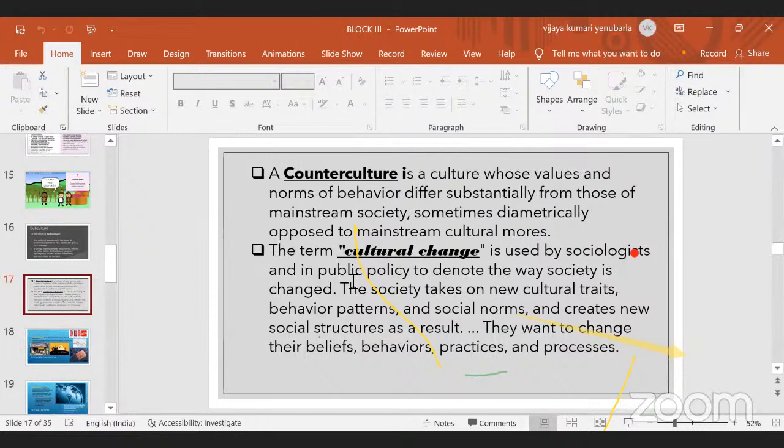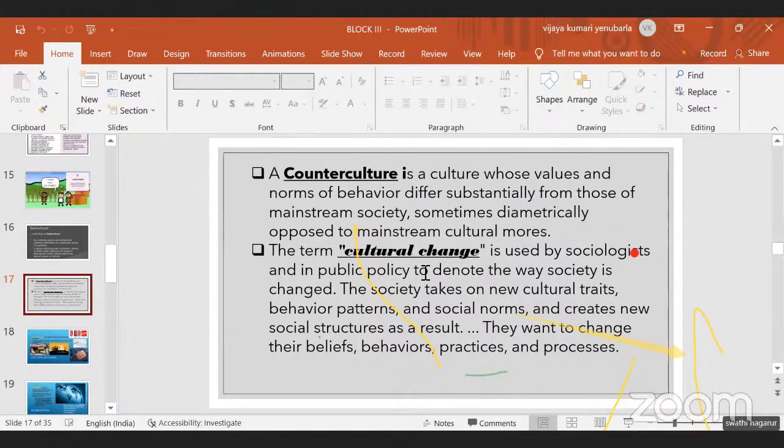Actually, Muslims don't use vermilion. They don't deviate, and the remaining practices, religion, tradition, everything is the same, but they practice it. This is cultural diffusion.